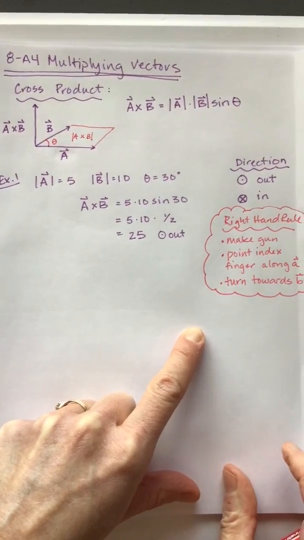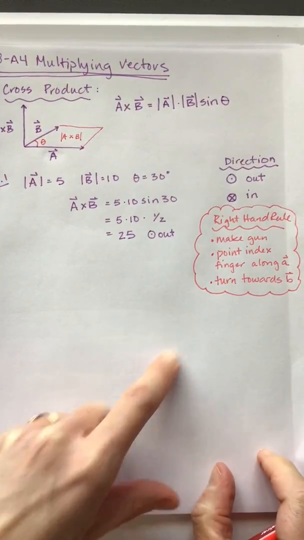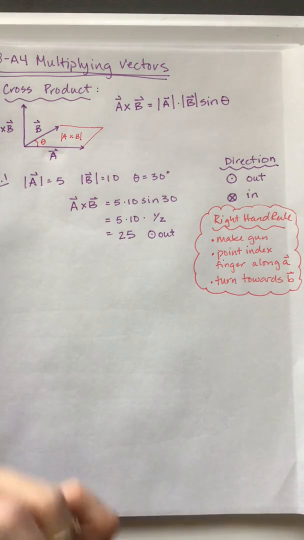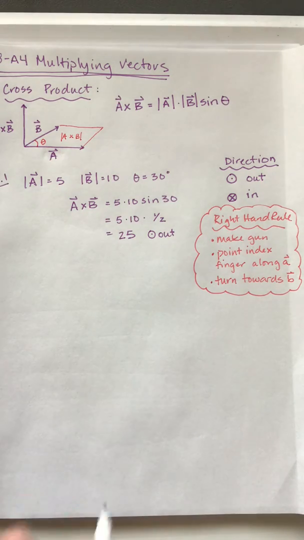Oh, you might not be able to see all that. Sorry about that. The cross product is used a lot in physics. Again, it's used for torque and angular momentum, things like that. Just like when you're riding your bike and the wheels are turning, the faster you go, the harder it is to tip that bike over.